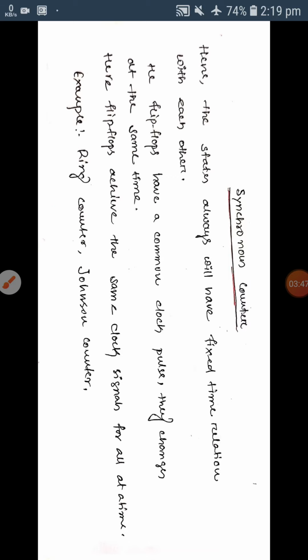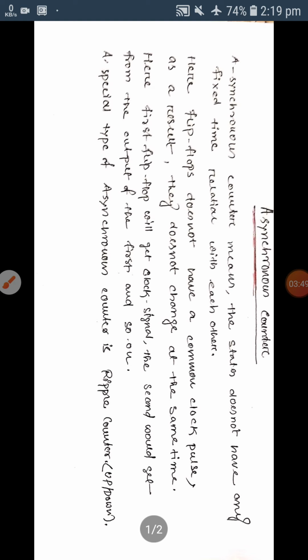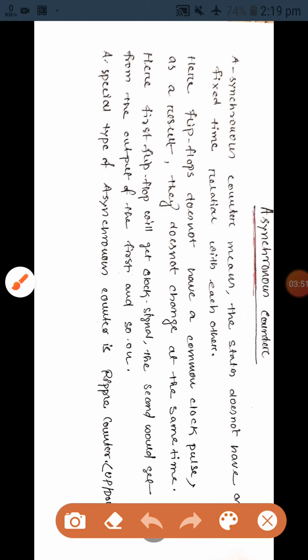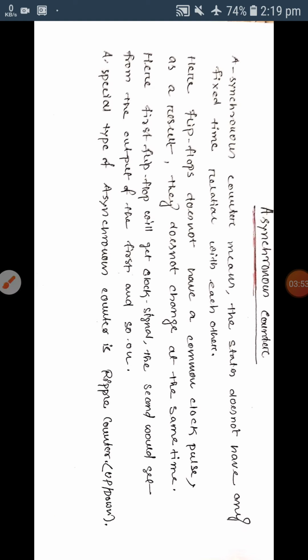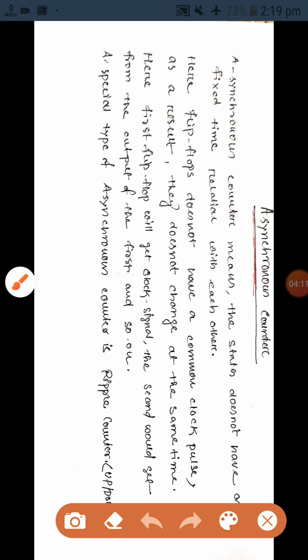Now let's go to another type, that is asynchronous counter. So what is asynchronous counter? You read it first. Asynchronous counter means the states do not have any fixed time relation with respect to each other. Here flip-flops do not have a common clock pulse. As a result, they do not change at the same time. What does it mean? Suppose 3 states are there.